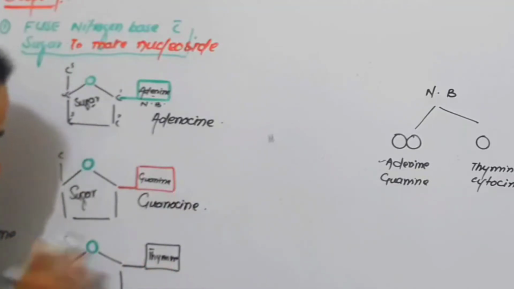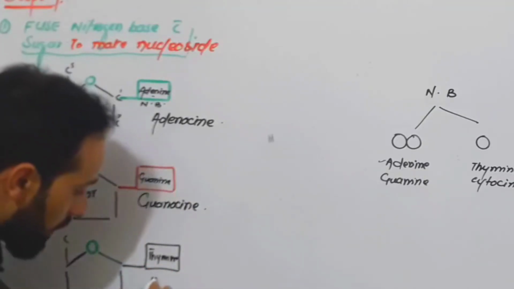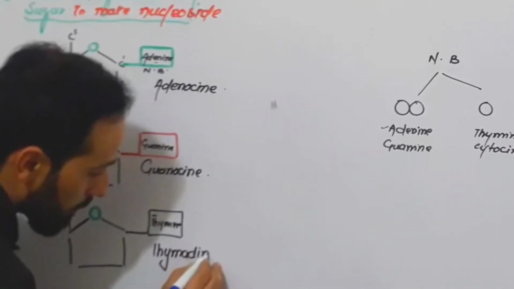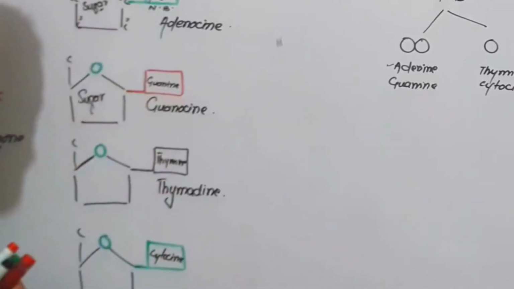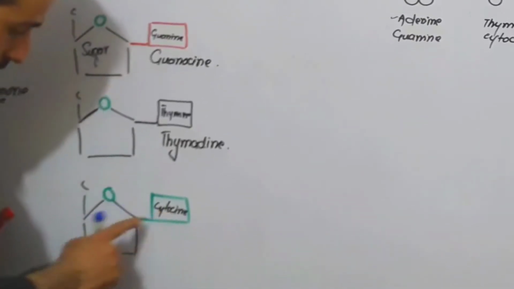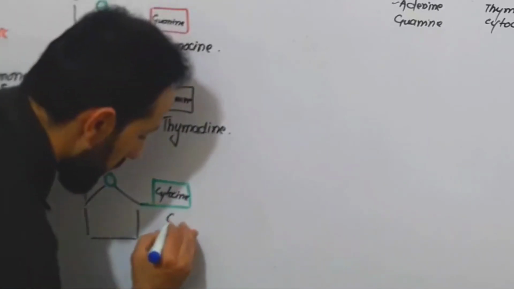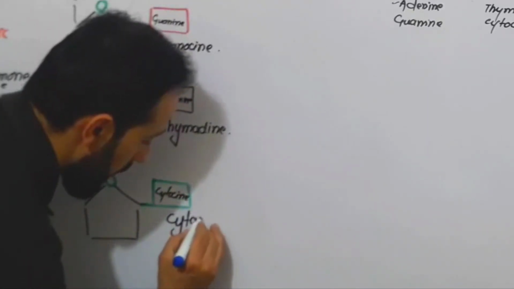And thymine combined with sugar, we say thymidine, right? And cytosine combined with sugar, we say cytidine, right? Cytidine.